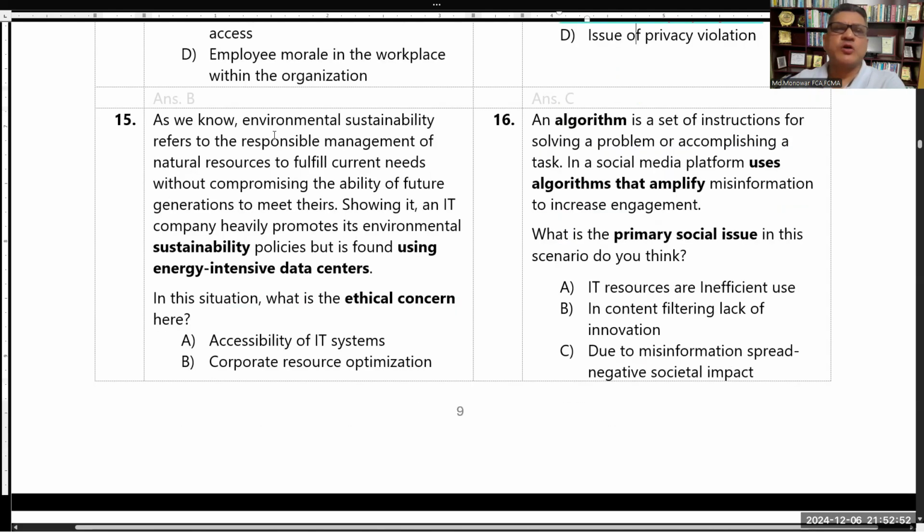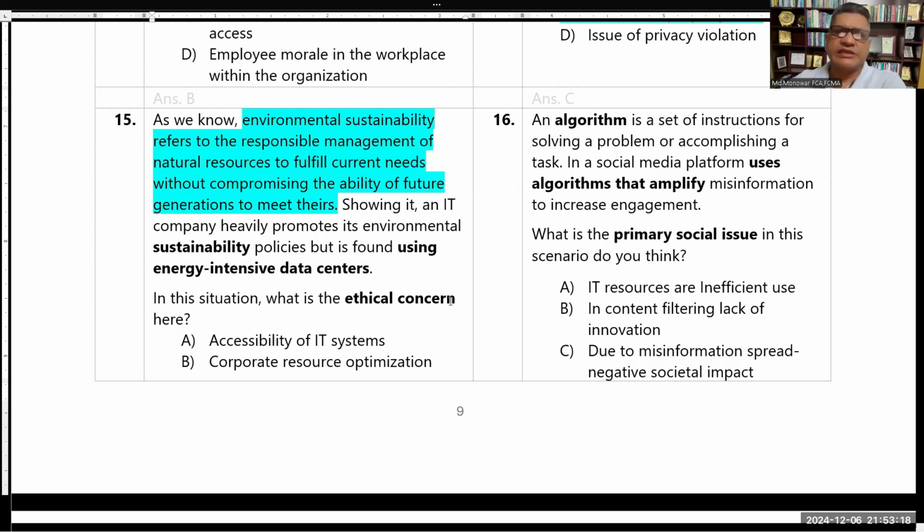Okay. As you know, environmental sustainability refers to the responsible management of natural resources to fulfill current needs without compromising the ability of future generations to meet theirs. Say an IT company heavily promotes its environmental sustainability policies, but is found using energy-intensive data centers.